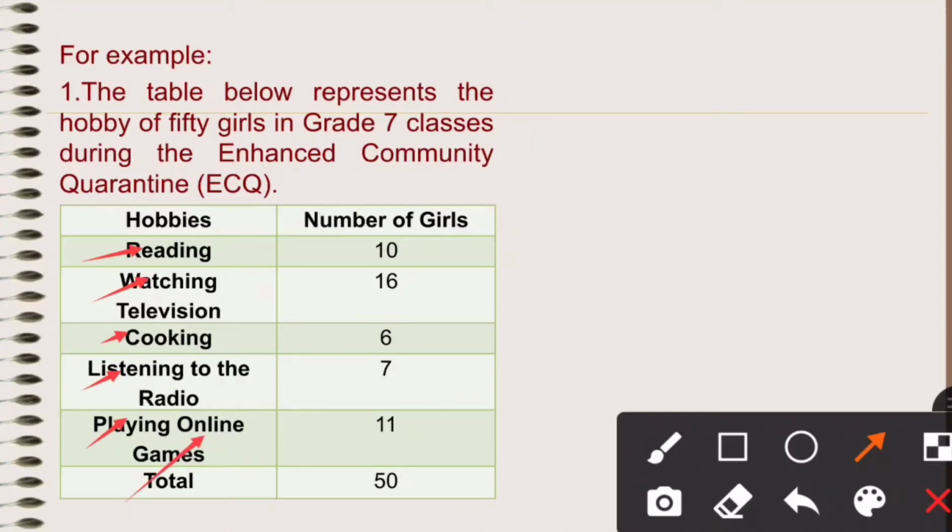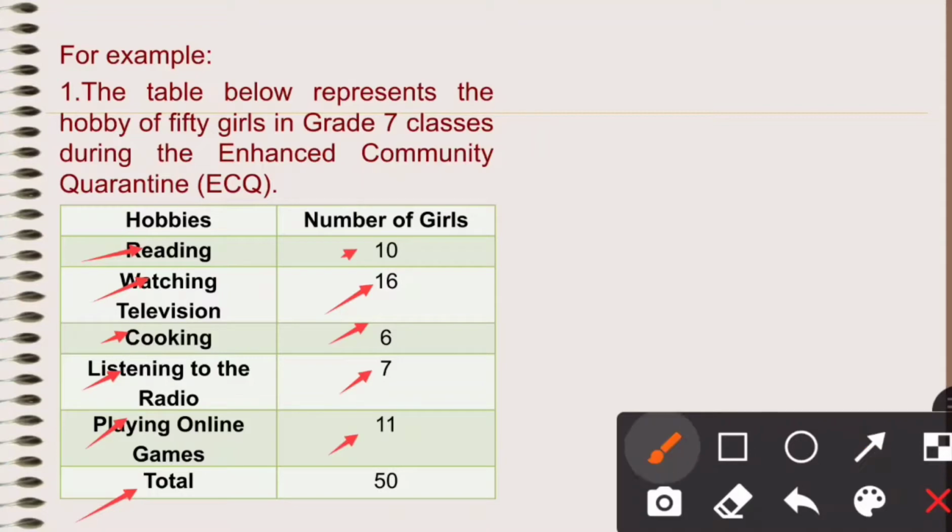Then we have the total. For reading, there are 10 girls who like to read books or any material. Then 16 for watching television, 6 for cooking, 7 for listening to the radio, then 11 for playing online games.